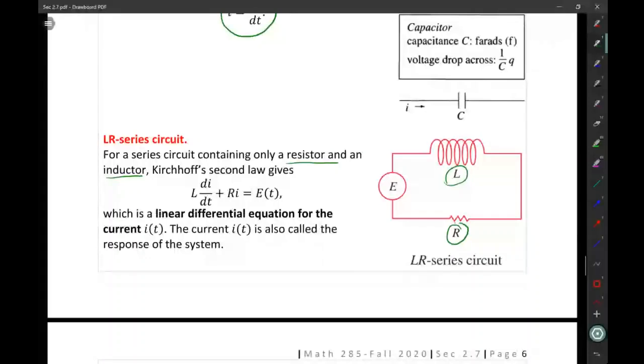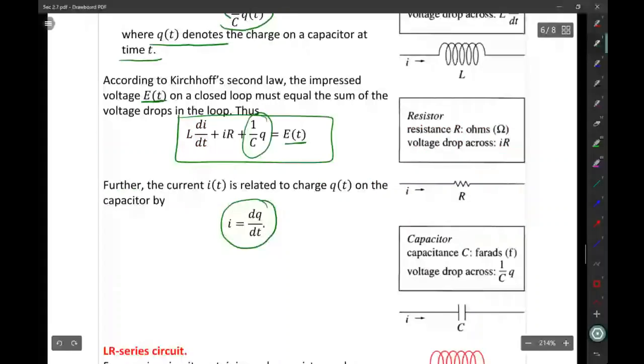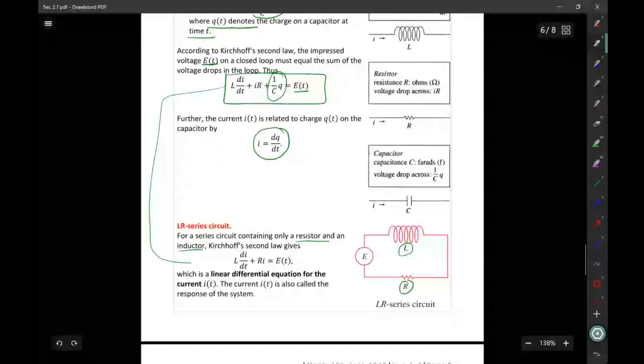Kirchhoff's second law gives L times di by dt plus Ri is equal to E of t, which is this one here. I mean, in this type of series there is no capacitor, so the differential equation is reduced to this one.